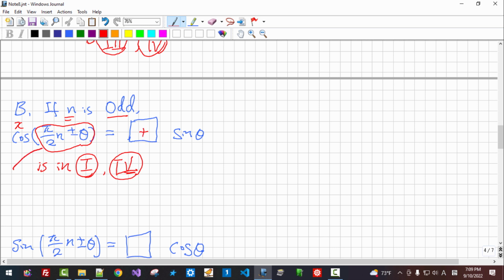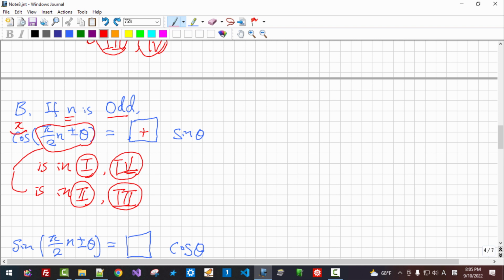If this angle is in the second quadrant or third quadrant, x is negative. So this becomes negative.